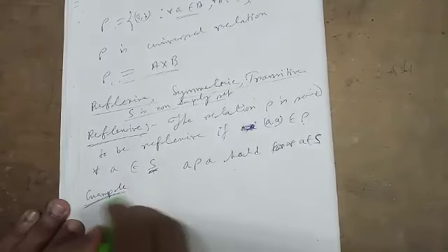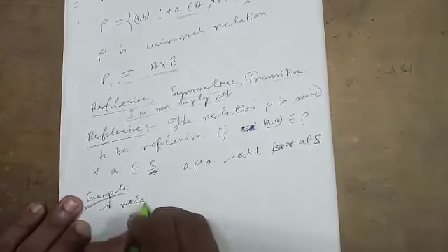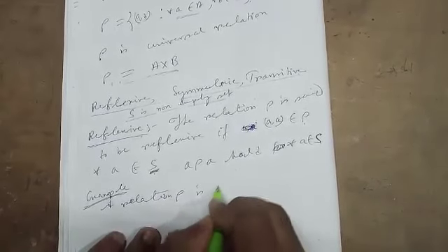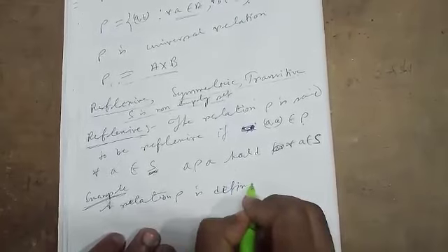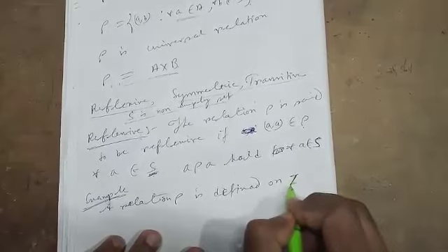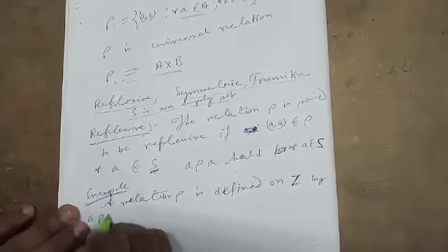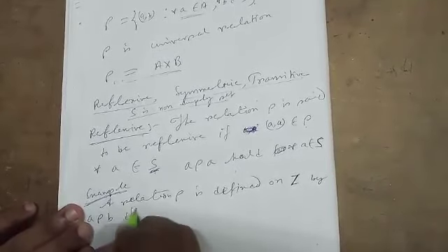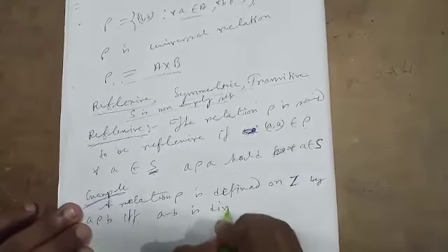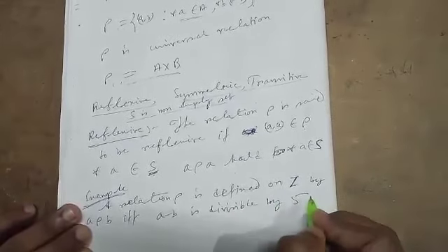Let us take an example. Suppose the relation rho is defined on Z, the integers, by a rho b if and only if a minus b is divisible by 5.